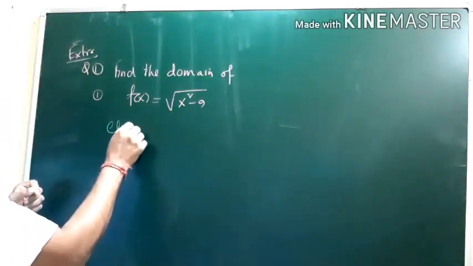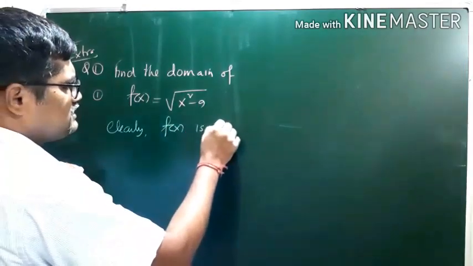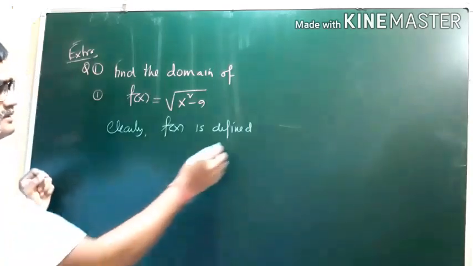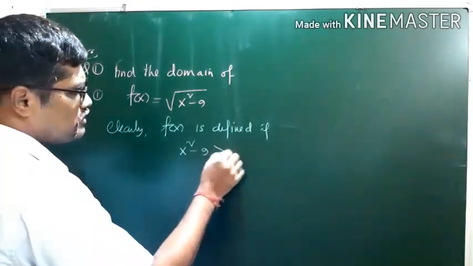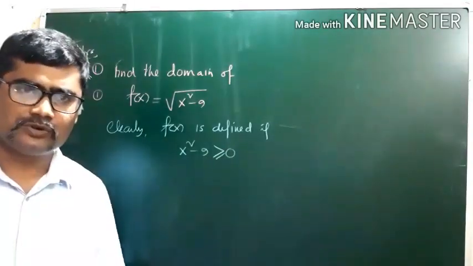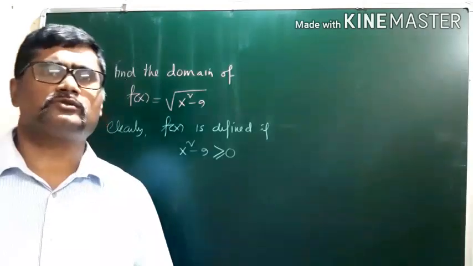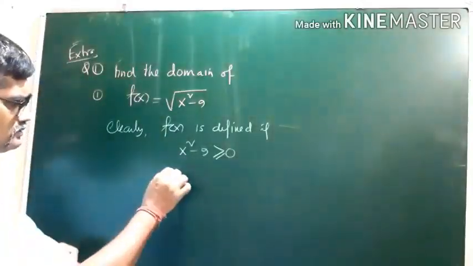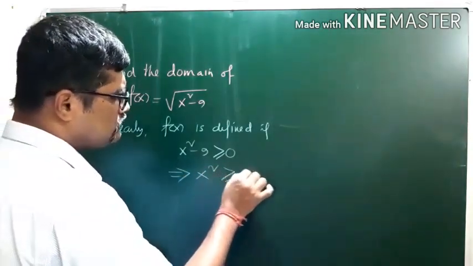Clearly, f(x) is defined if x square minus 9 is greater than or equal to 0. You are about to find the value of x, so you have to write it like this.